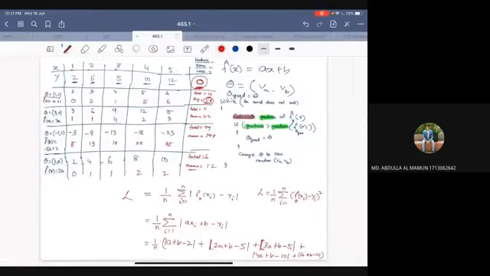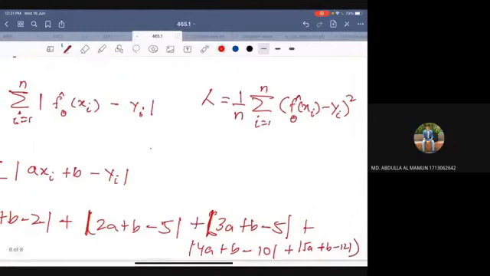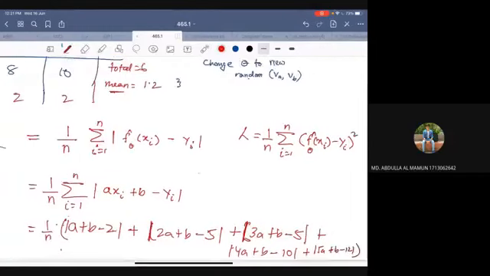Sorry for the really bad writing, but can't I write the function above this way? Yes, sir. Any problem so far? No, sir. Okay.